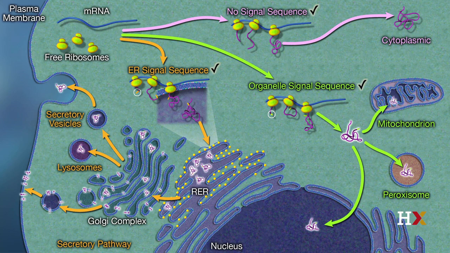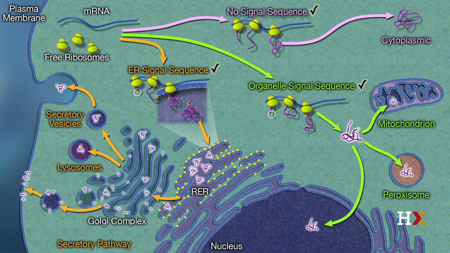In some cases, translation is initiated in the cytoplasm, but quickly after the signal sequence has been synthesized, the ribosome attaches to the surface of the endoplasmic reticulum.